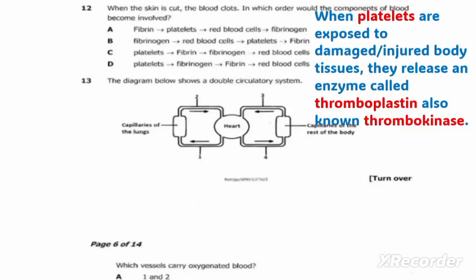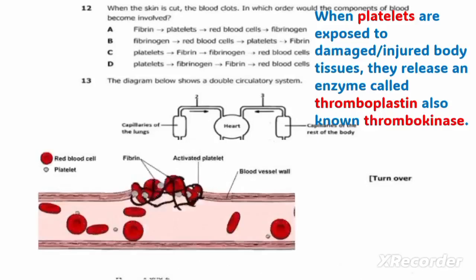Then thrombin will speed up the conversion of fibrinogen to fibrin. At the end of the clotting, fibers would develop, covering the part that is bleeding. So therefore, our correct answer is D.